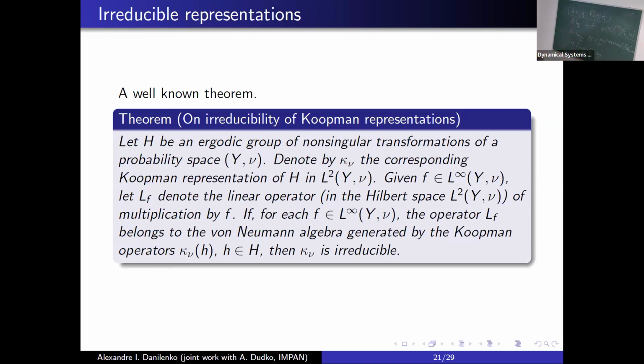But G is ergodic, hence f is constant. So only a constant operator commutes with the Koopman representation, which means that this Koopman representation is irreducible.